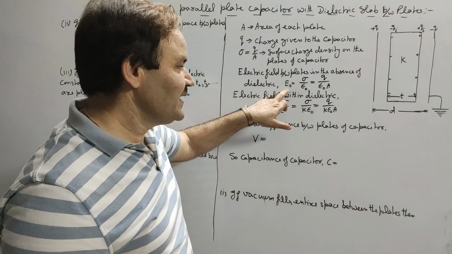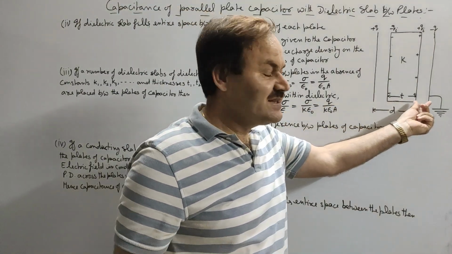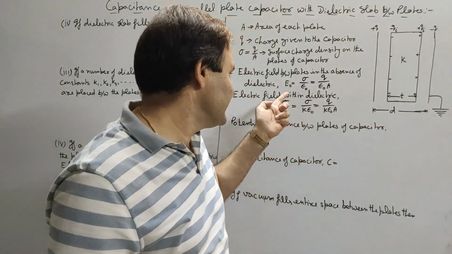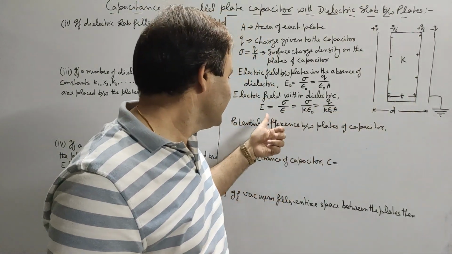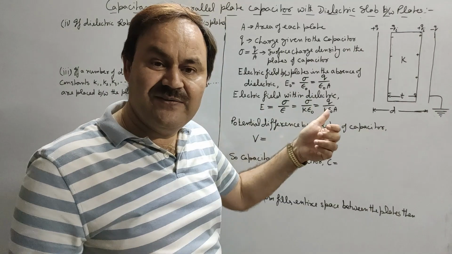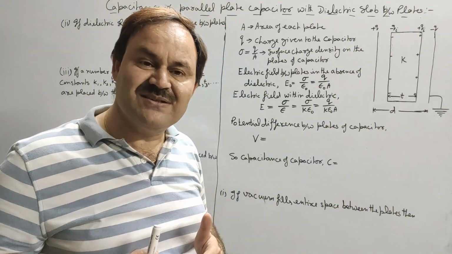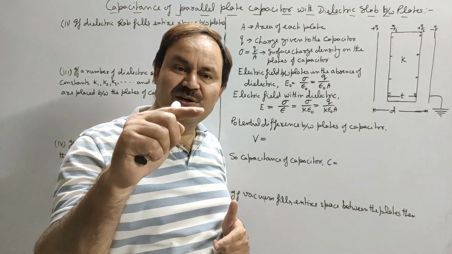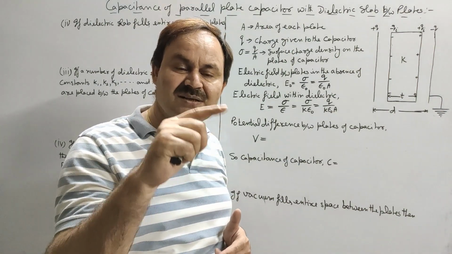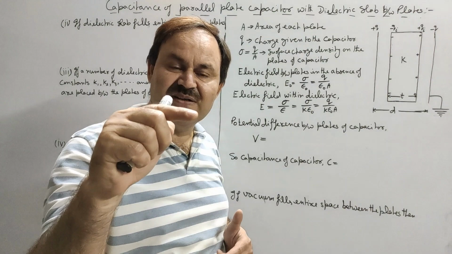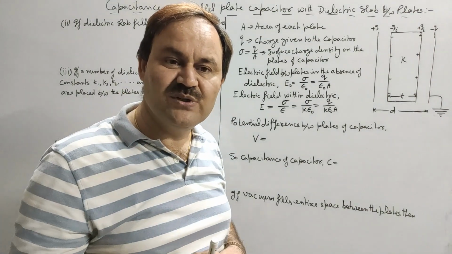Now the electric field within the region having vacuum between the plates is E naught, and the electric field within the dielectric is E. We know that E is equal to dV by dr, so dV, that is the potential difference, will be electric field into distance.